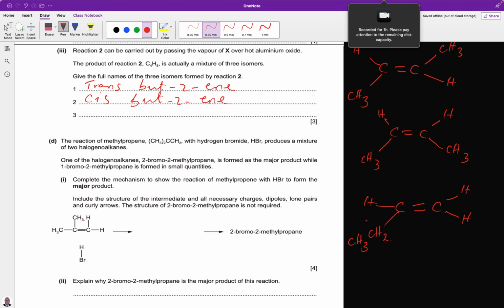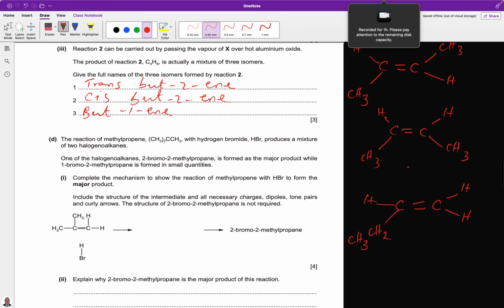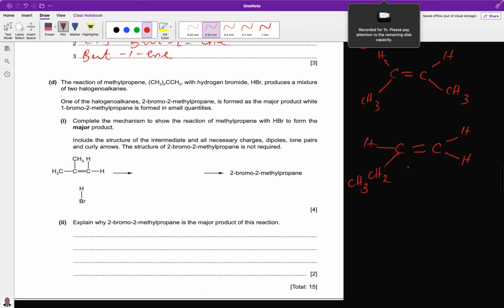And this one is but-1-ene. So these are the names based on the structures I have given here. It takes us to the D part.